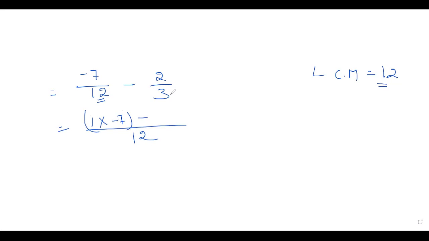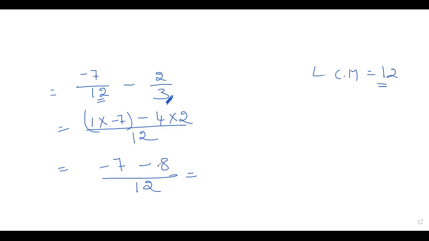Put minus as it is. We have 3 in the denominator. To make it 12, I'm multiplying by 4. So 3 fours are 12. You have to make 3 as 12, so I am multiplying by 4 into the numerator. That is 1 into minus 7 is minus 7. 4 twos are 8. Denominator is 12.